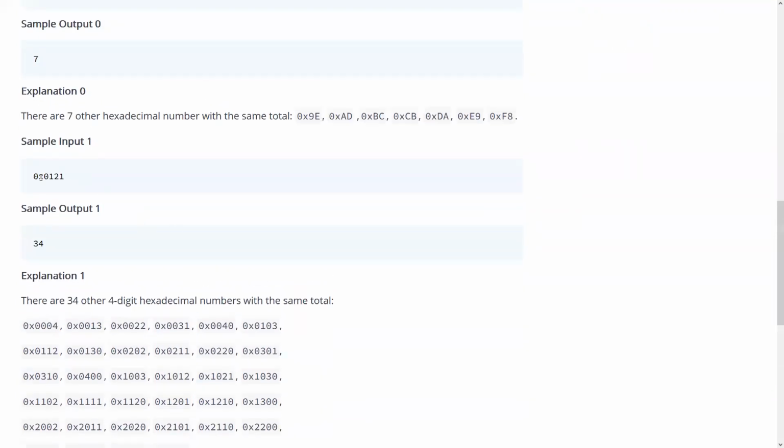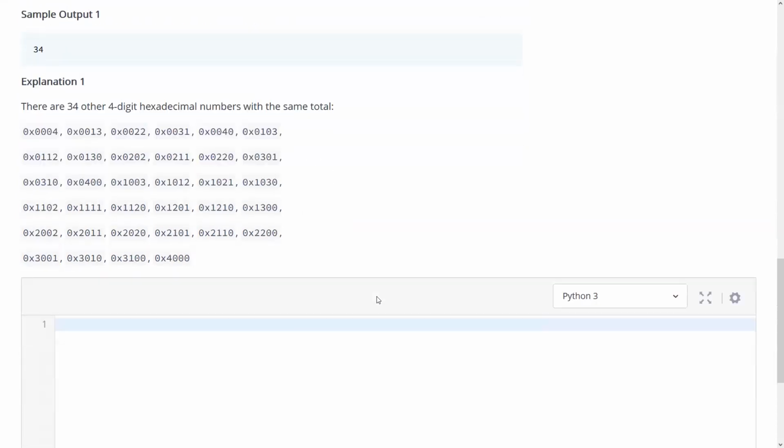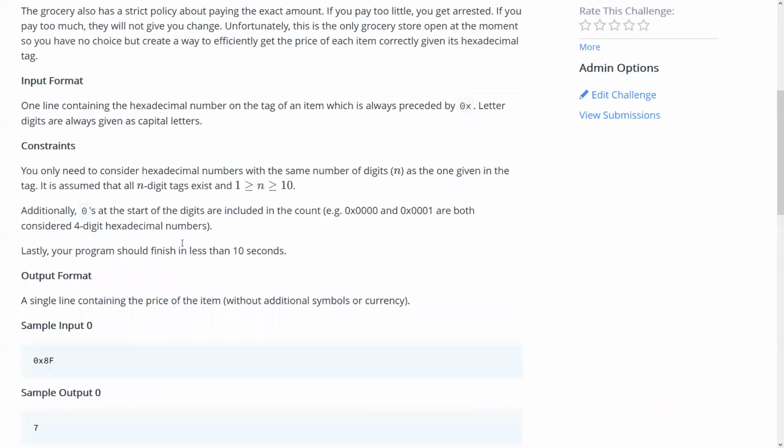And then, for example, ang input natin is 0x0121. Our sample output is 34 kasi there are 34 other 4-digit hexadecimal numbers with the same total. So, naka-enumerate sila dyan. So, ayun. Good luck.